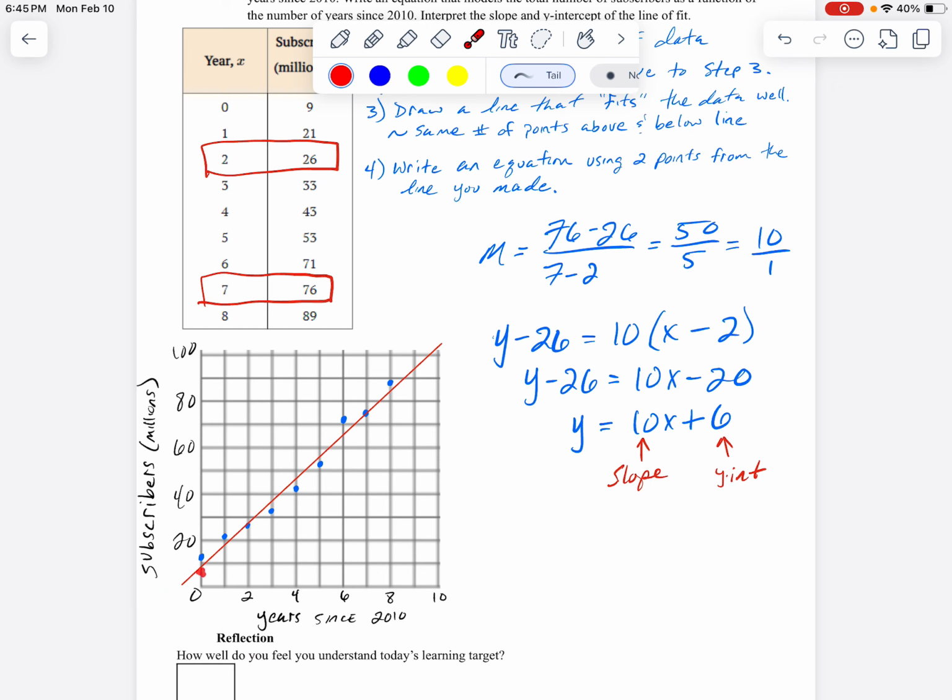That is the interpretation of our y-intercept. That's what that point is, 0, 6. Let me just write that one right here. In 2010, there were 6 million subscribers.